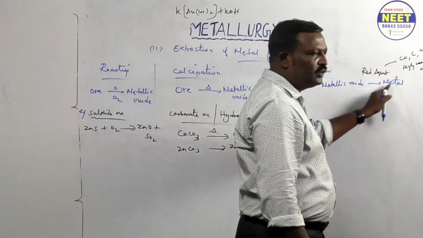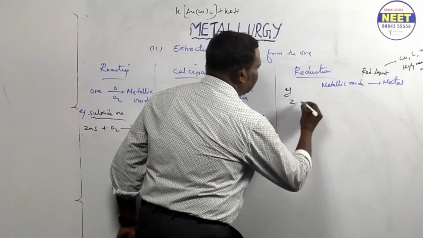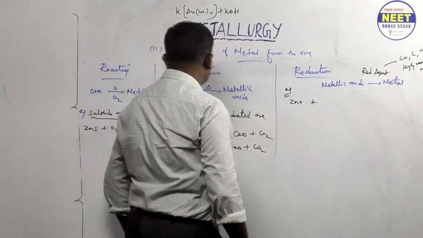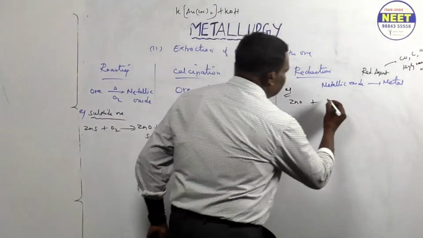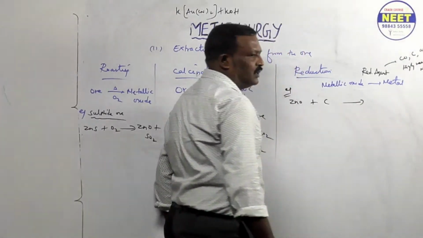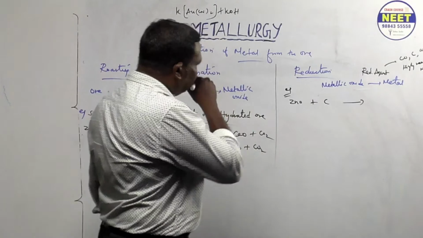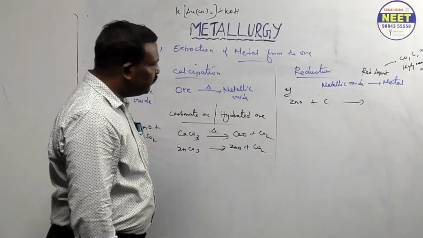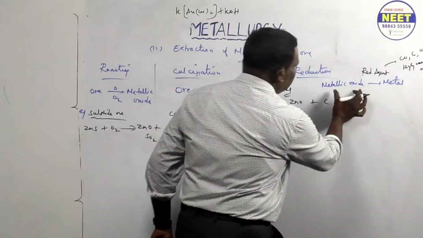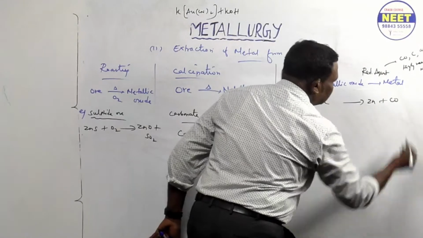Suppose for example zinc oxide is obtained, isn't it? Based on the metallic oxide, if you put C, what happens? Zinc oxide plus carbon gives zinc metal plus CO, correct or not?